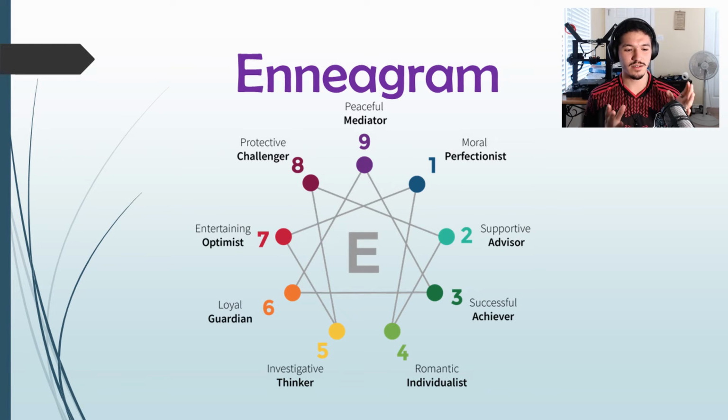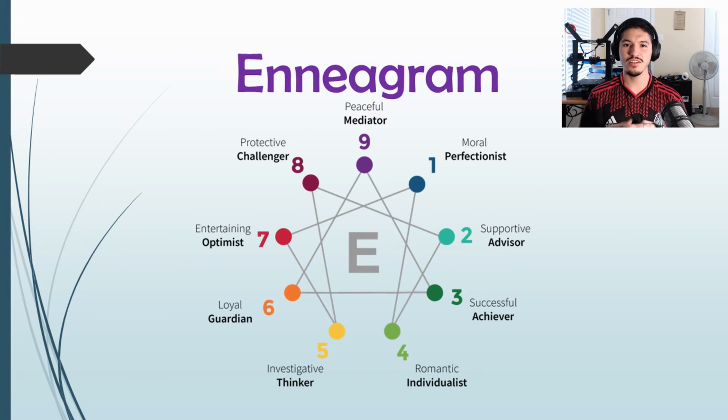Myers-Briggs explains more of how you perceive information and how you process it, and the Enneagram is more of what drives you, right? For example, type 1s, they're perfectionistic. They don't like to be wrong. They like to be right, and they like to also be good. They don't like to be considered evil and things like that.